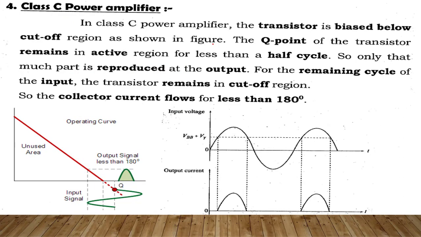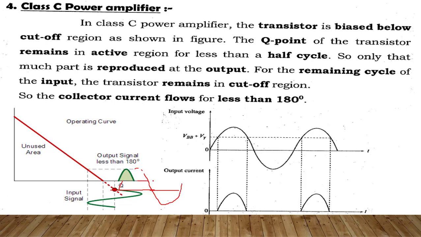Now we are moving on to the class C power amplifier. The last one. What is actually class C? The Q point is in the negative region. If it is negative, what happens? Actually this is the 0 point, so I should get a sine wave something like this. But what happens?